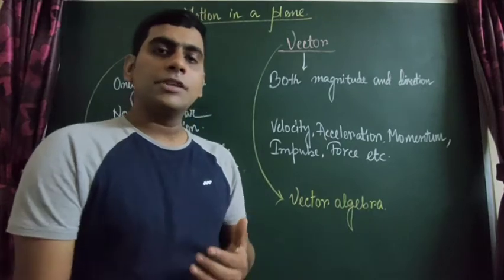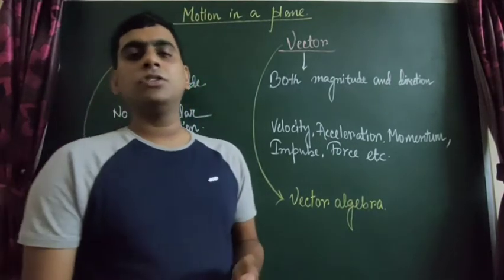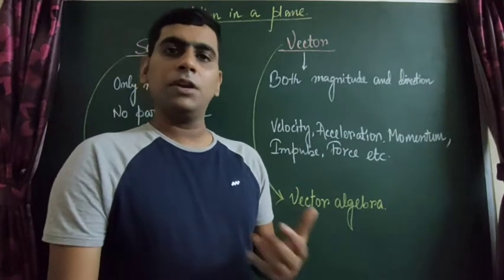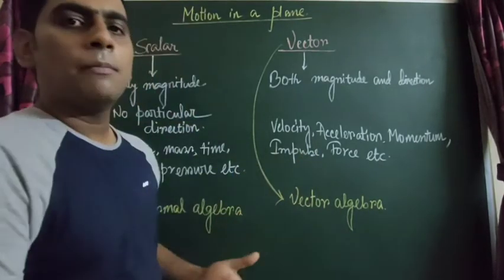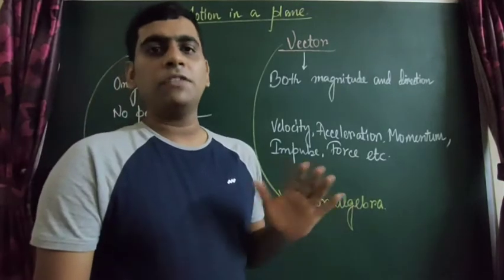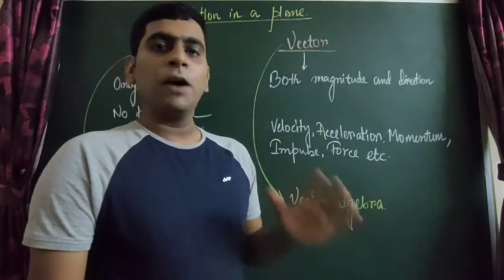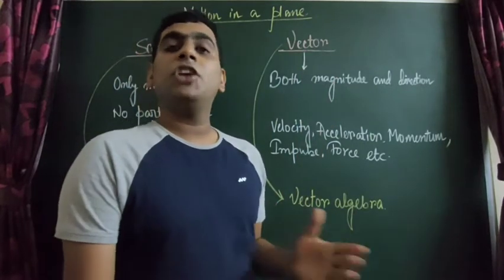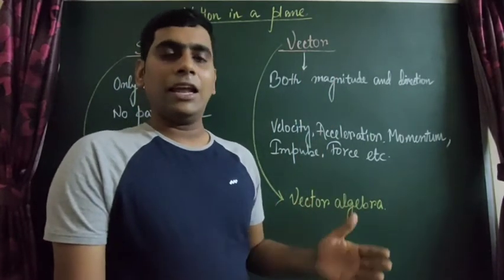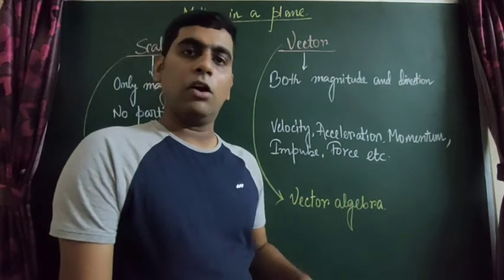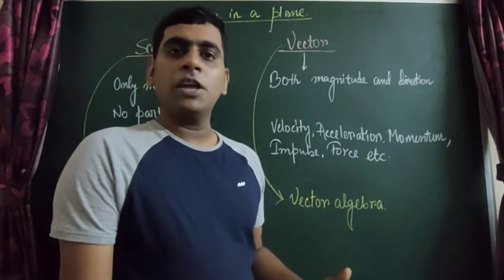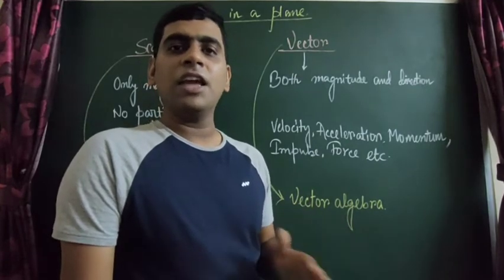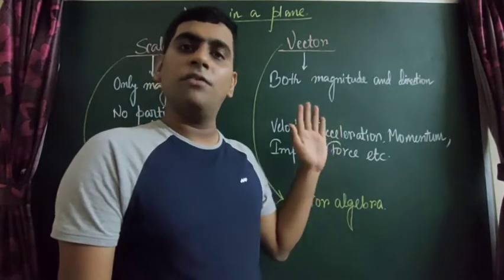Now addition, subtraction, multiplication or division, this kind of mathematical operation can be done with scalar quantities by using the simple algebra that we normally use. But in the case of vectors, as the magnitude as well as the directions are getting added, subtracted, multiplied or divided, simple algebra cannot be used while performing any mathematical operations on vectors.